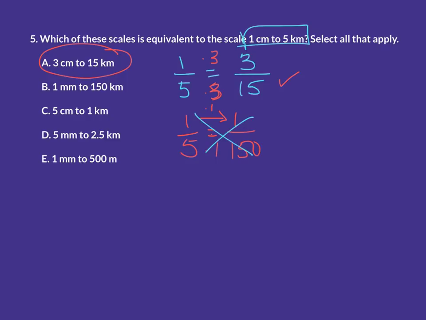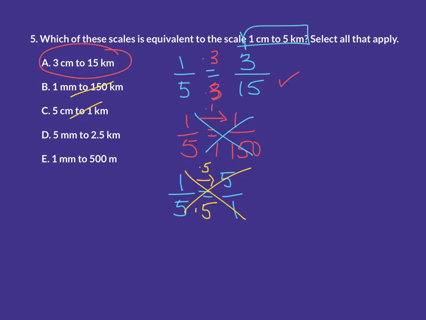The next one, I've got 1 centimeter to 5 kilometers is again where I'm starting, and this one is 5 centimeters to 1 kilometer. So of course I know that 1 times 5 is 5. 5 times 5 is not 1, so this one also doesn't work.